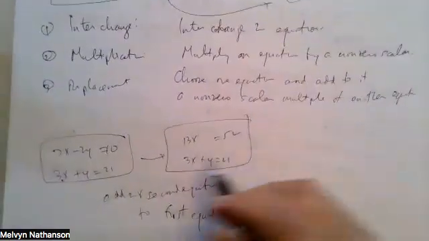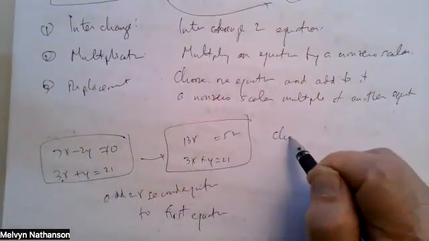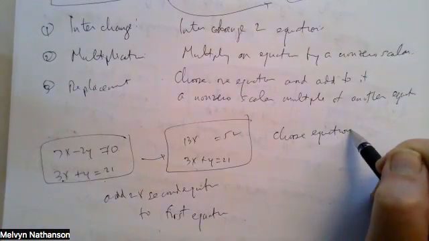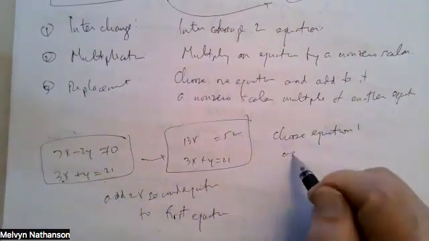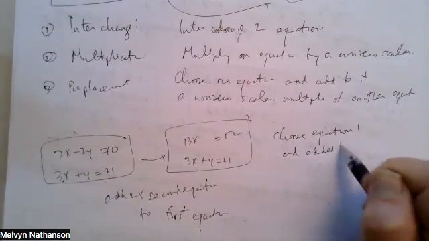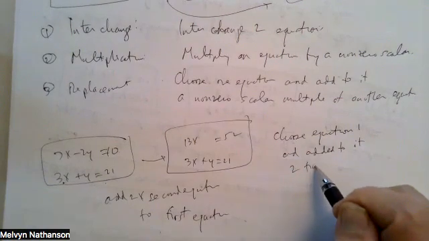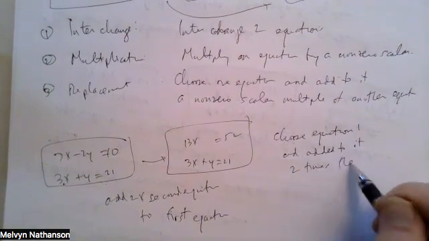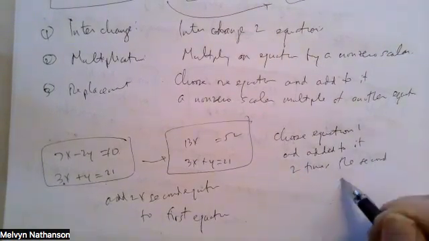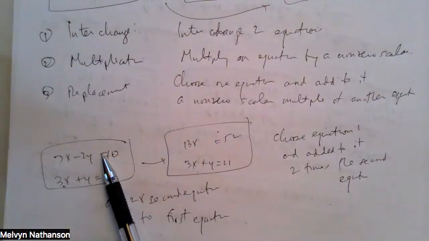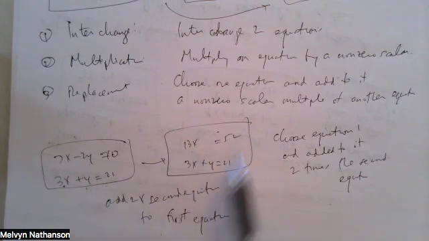See, that's what I did here. I chose equation 1, the first equation, and added to it 2 times the second equation. That's how I got from here to here. This equation plus 2 times this gives me that.